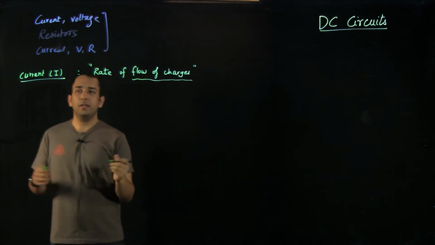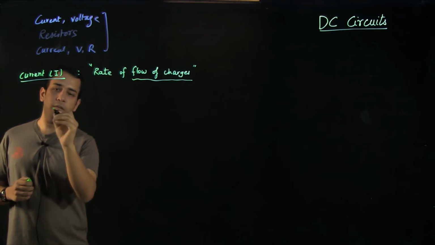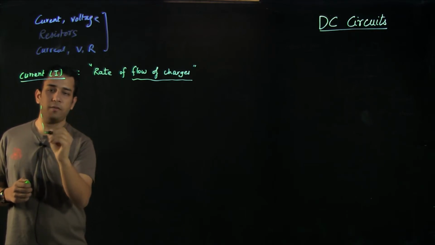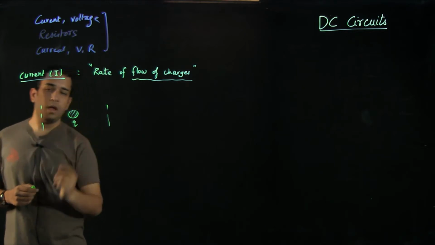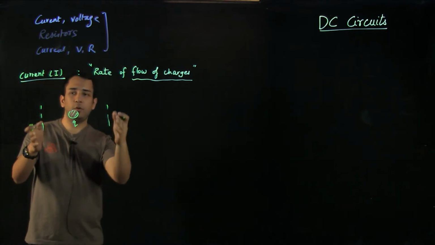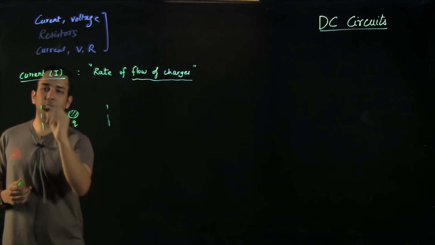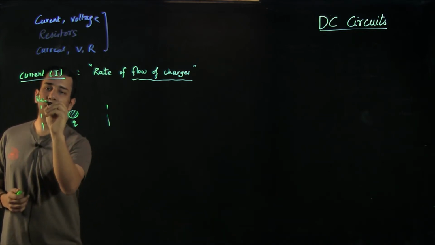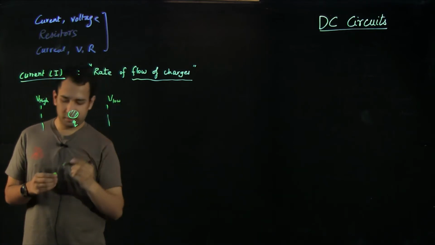So let us consider the whole setup at a microscopic scale. Let's say there is a charge Q and across its two ends or two terminals I am applying a potential difference. So let's say one end is kept at a higher potential and the second end is kept at a lower potential.